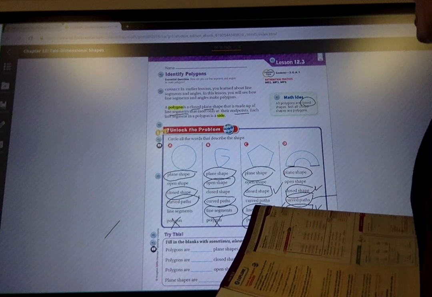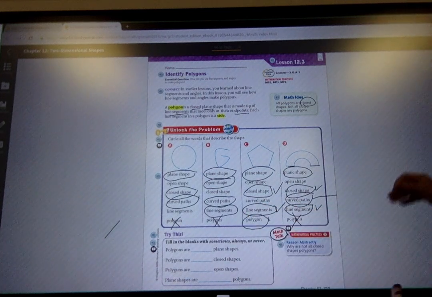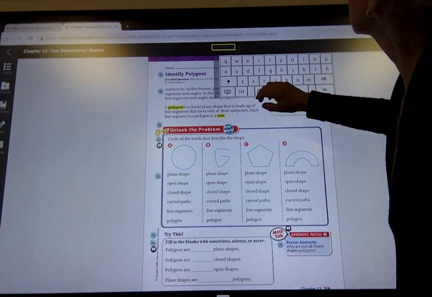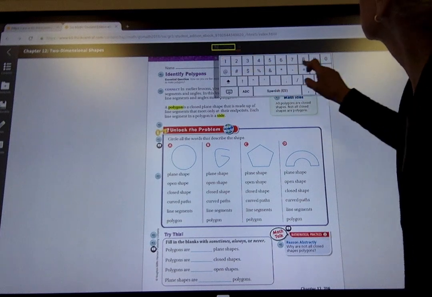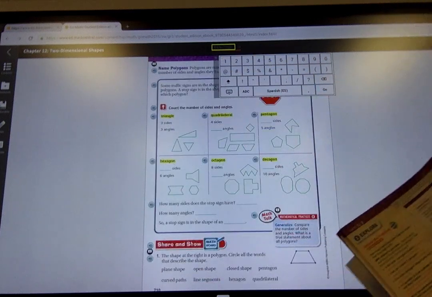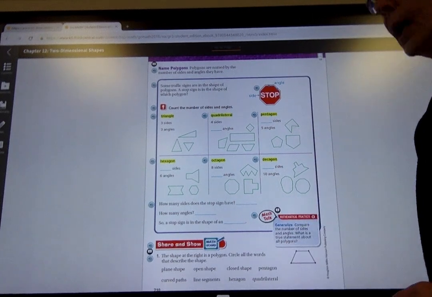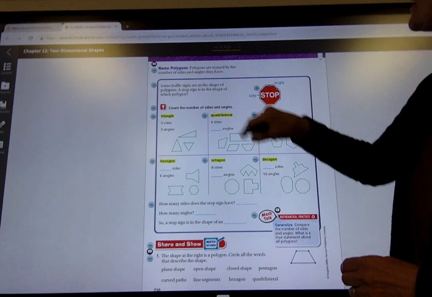Okay, we're going to go on to the next page, 710. Now in this assignment, it says polygons are named by the number of sides and angles they have.